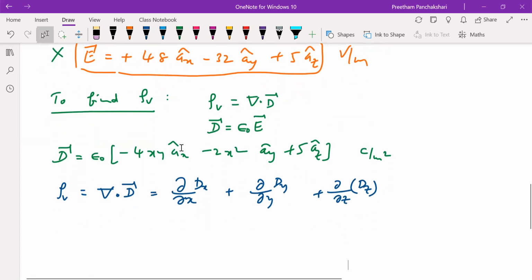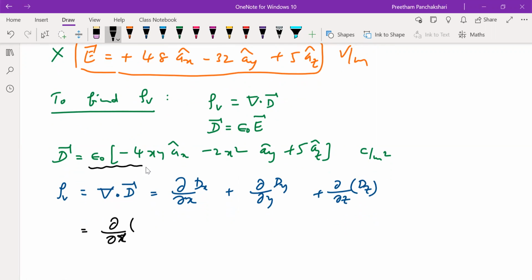So you have to differentiate x, y, z components of D. In the first, differentiation with respect to x of dx, it's going to be 4xy into epsilon naught.